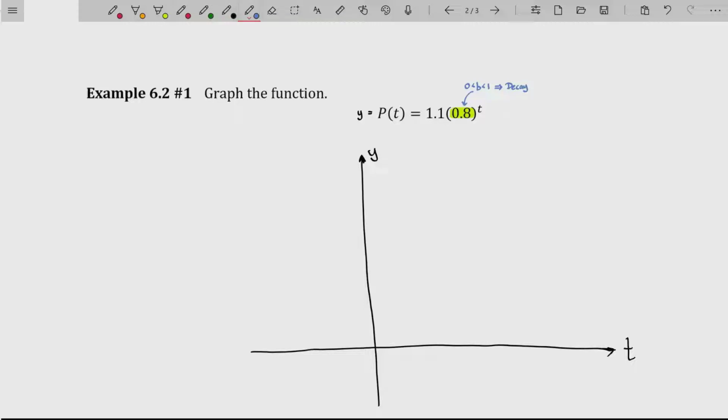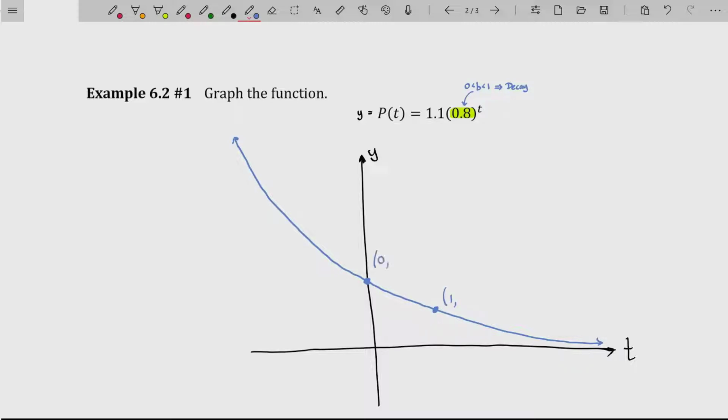And we know this is a decaying function. So in blue, I'll just draw in a decaying exponential function. Notice I didn't plot a single point. I just drew an exponentially decaying function. After I'm done drawing that, now I'll plot a couple points. The y-intercept is something I will always plot. And then something at x equals, or in this case, t equals 1. That's it.